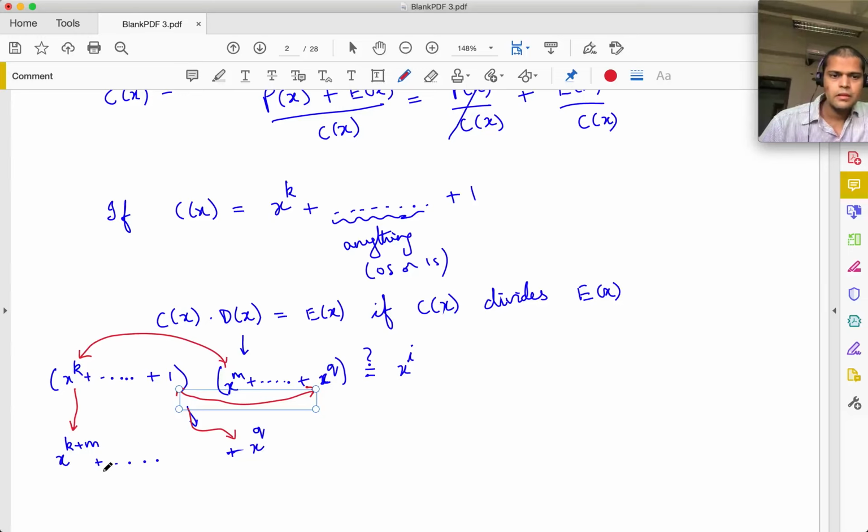And no other terms over here are going to give us either of these extremes, because whatever you have here is going to have higher power than x to the power of q, and whatever you have here is going to be lower than the top power, for any other product term. So you will always have at least two terms, two powers of x, in the resultant polynomial, and you will never be able to write it as x to the power of i. So you are never going to have this equal to x to the power of i.